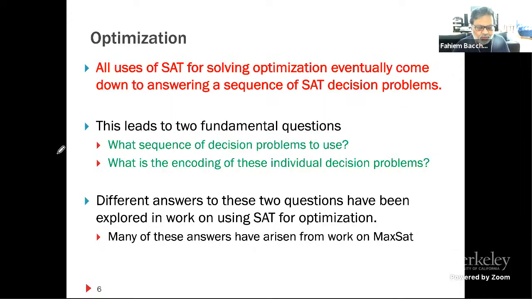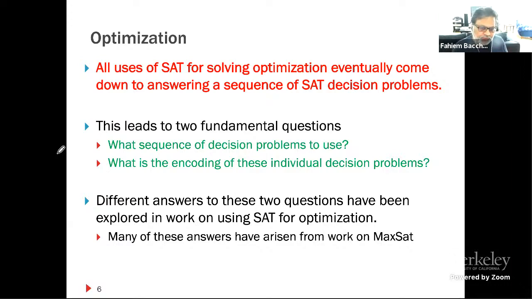And in fact, this idea persists all the way through, even to today. All of the uses that we have for SAT in solving optimization, all of the modern techniques, eventually come down to answering a series of SAT decision problems.